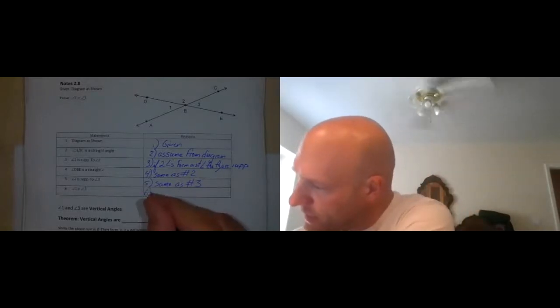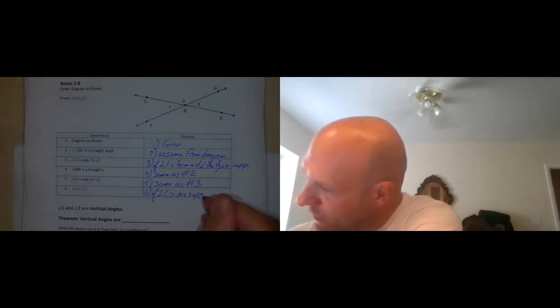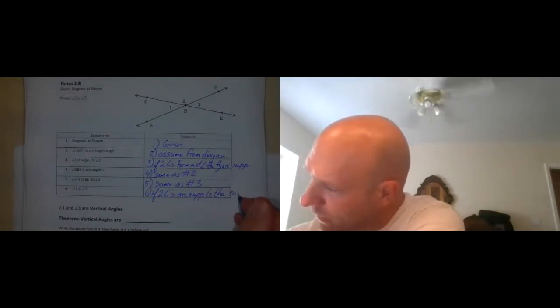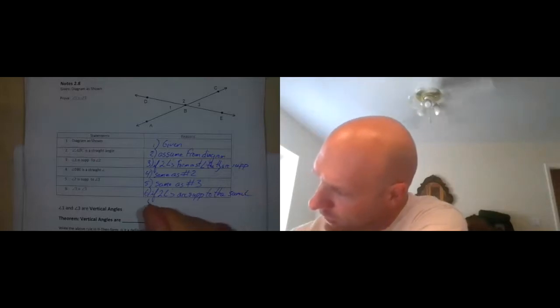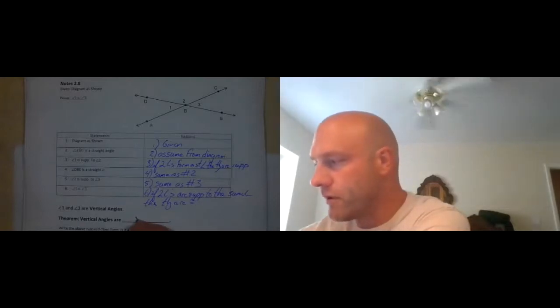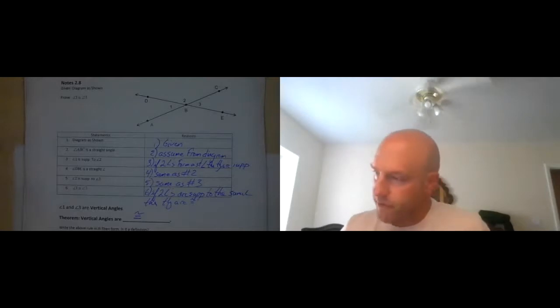That is where we get to say if two angles are supplementary to the same angle, then they are congruent. And this shows us that vertical angles are always congruent. This is true anytime I have vertical angles.